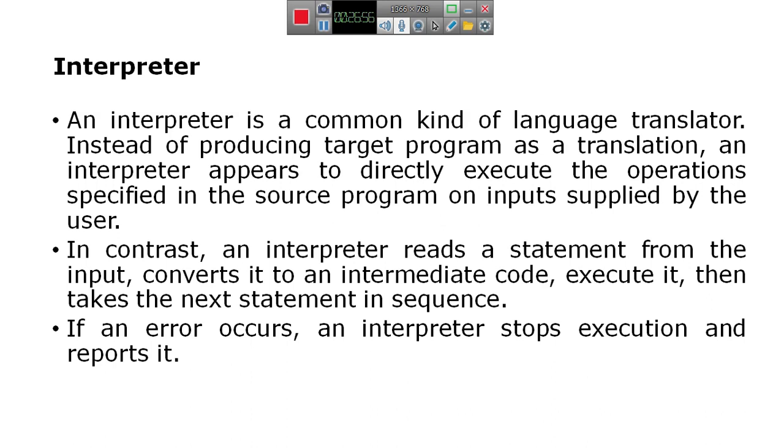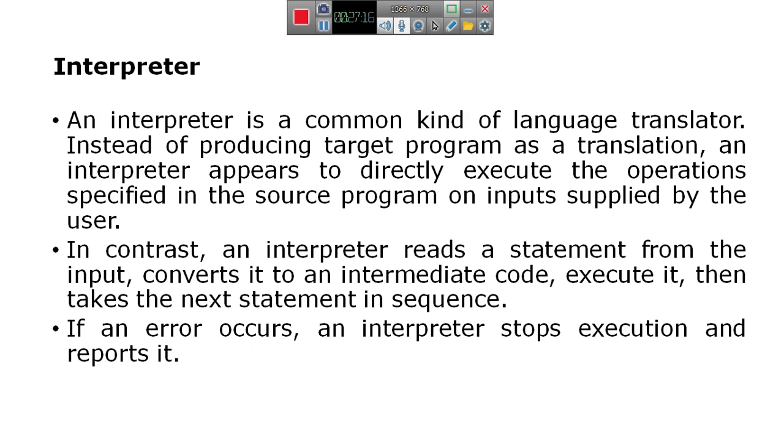If an error occurs, an interpreter stops execution and reports it.